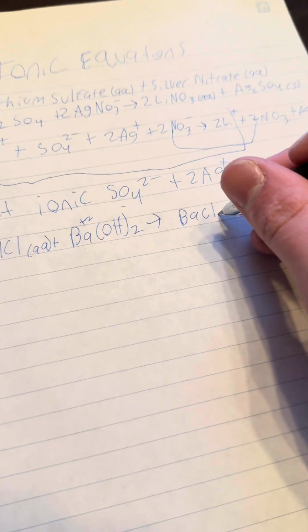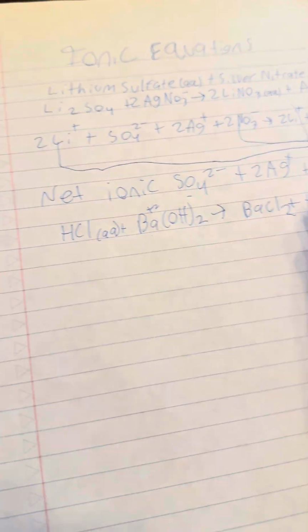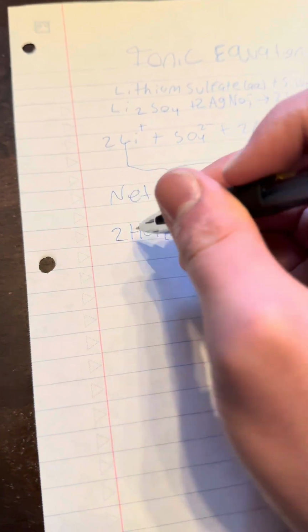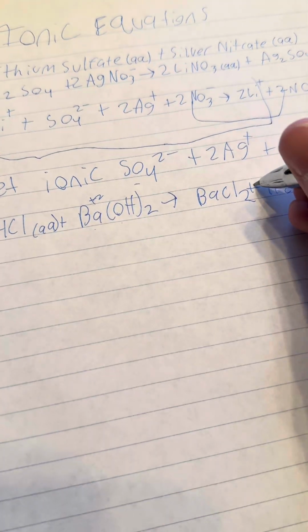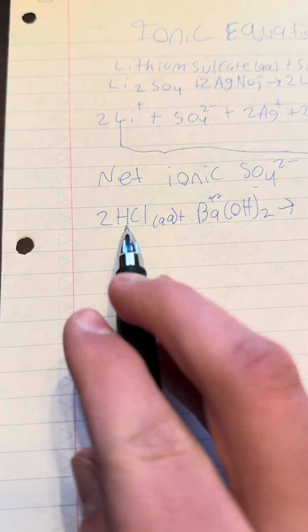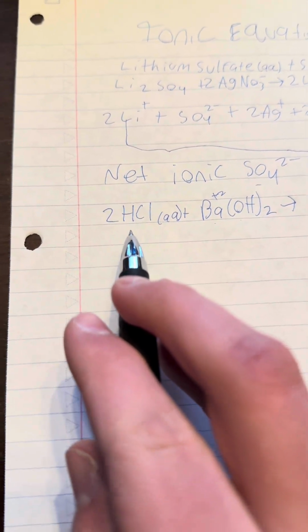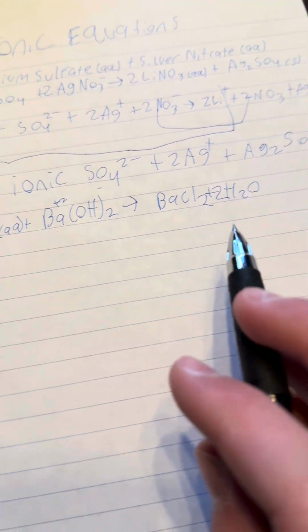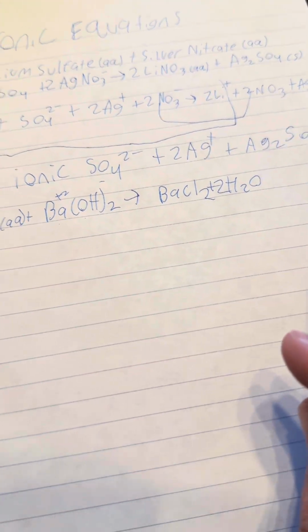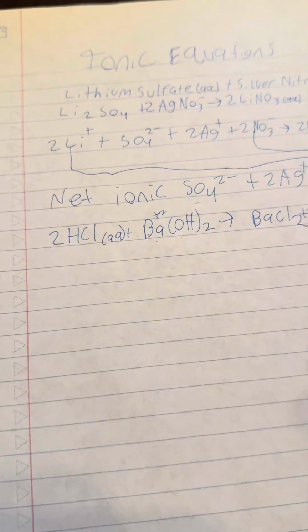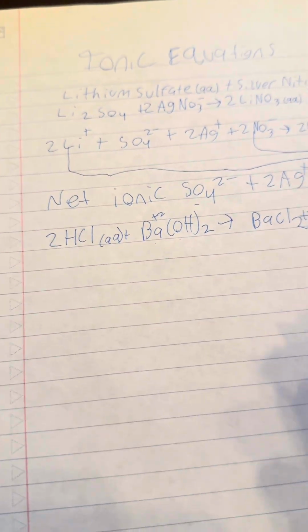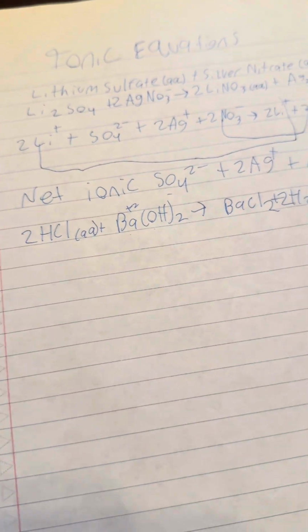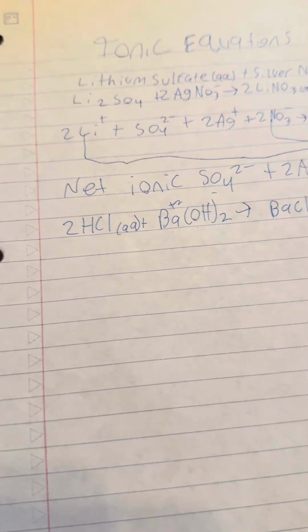So we're going to need to balance that by putting a 2 there, and we're going to have to put a 2 here, and that means we're going to have to put a 2 here. Because if we multiply the chlorine by 2, we have to do the hydrogen by 2, so it's going to be 2H2O, because we have 2 hydrogens and 2 oxygens. So we're going to have 4 hydrogens and 2 oxygens.